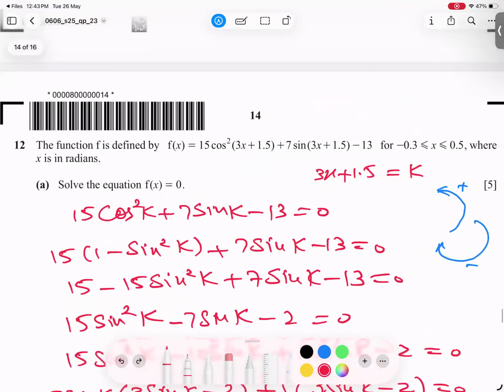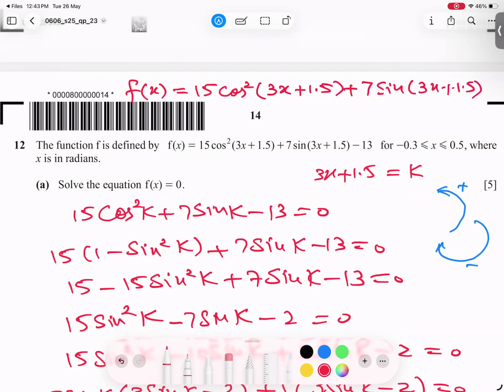So f of x equals 15 cos square of 3x plus 1.5, plus 7 and then minus 13.